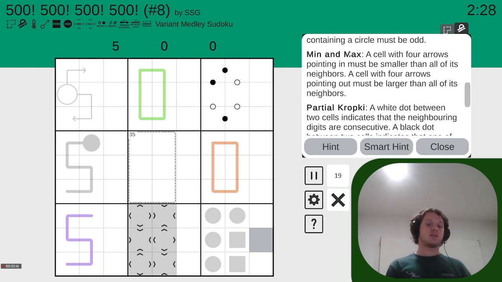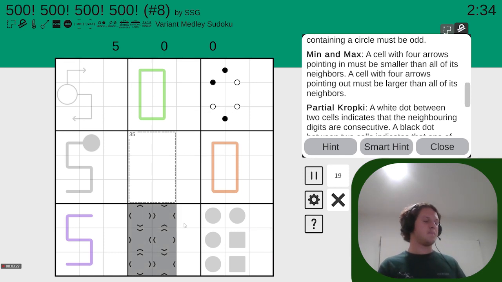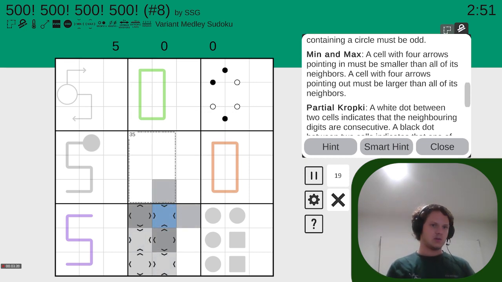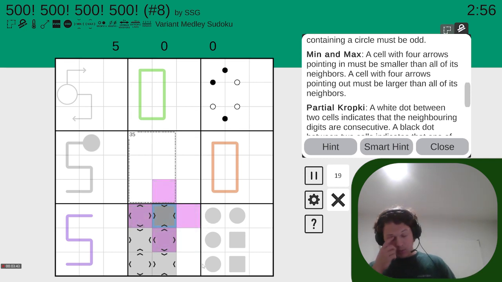Min and max is also decently simple. These 6 cells here, a cell with 4 arrows pointing in, so that would be this one and this one, those 4, must be smaller than all of its neighbours. So let's say for this one, for example, this cell, this cell, this cell, this cell, all of these pink cells must be larger than that blue cell.